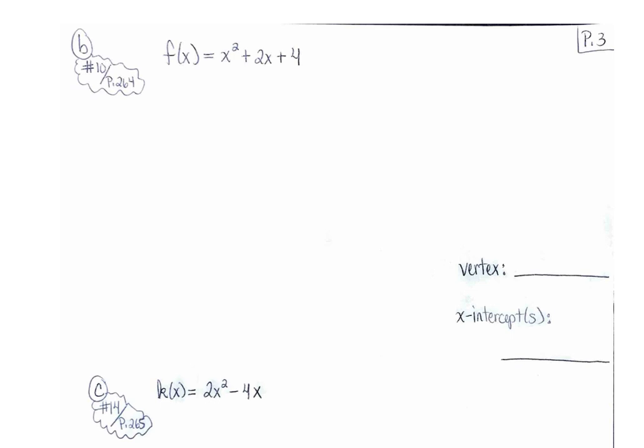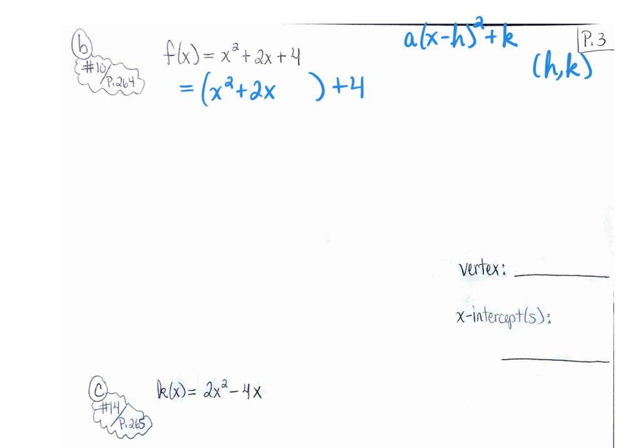For this, we want to make sure we put this function in our vertex form of a quadratic, because we know the vertex is h comma k. So for f of x equals x squared plus 2x plus 4, we have x squared plus 2x, we're going to leave some space, and we're going to add 4. Did we change the equation?